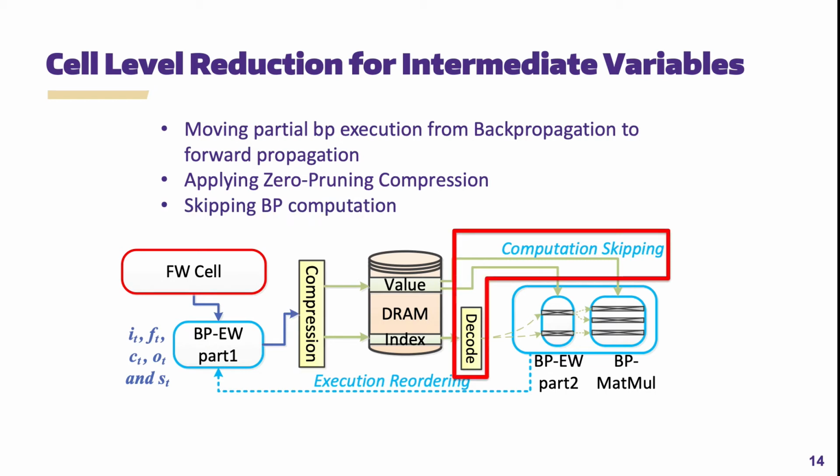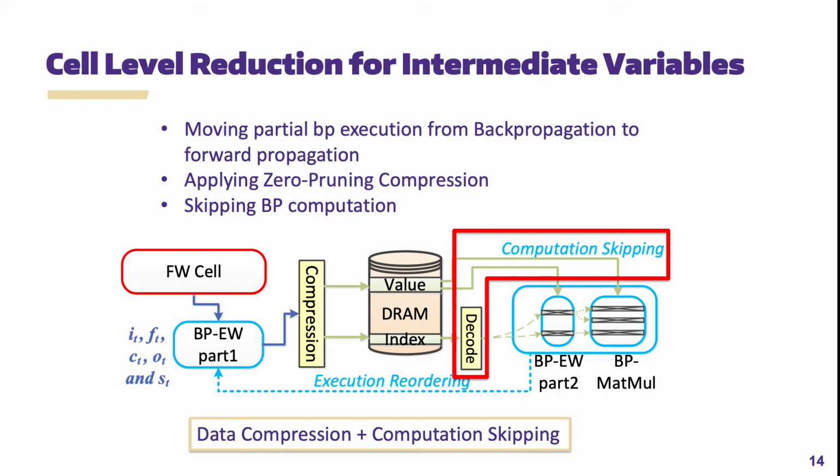Finally, since the input data becomes sparse, the partial computation of the remaining backpropagation processing can also be skipped using the index information. In summary, with reordering, not only does the data get compressed, but also the computation gets reduced. Both are good for performance and energy of the LSTM training.